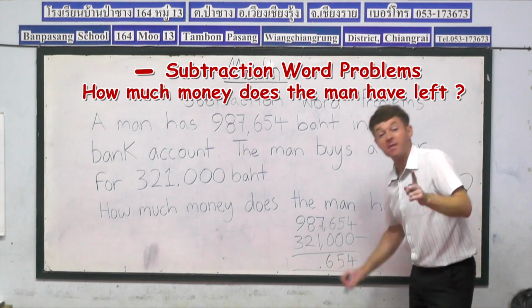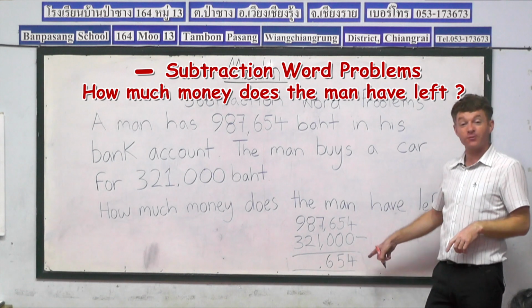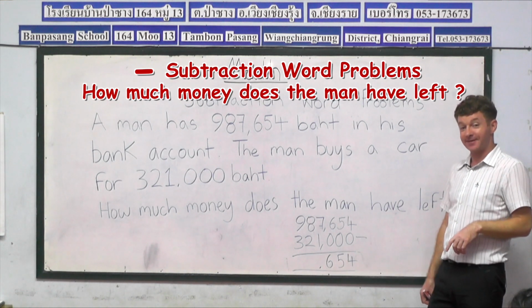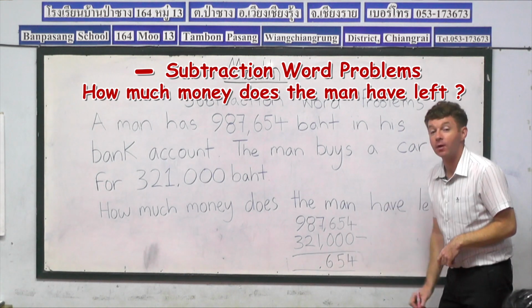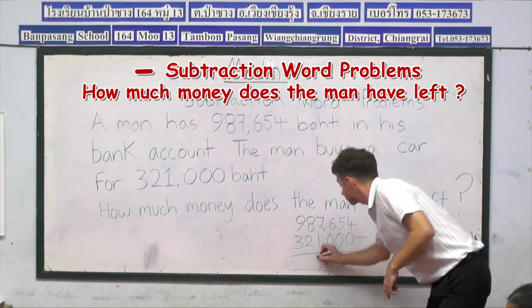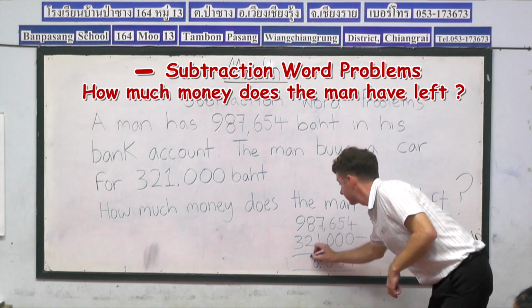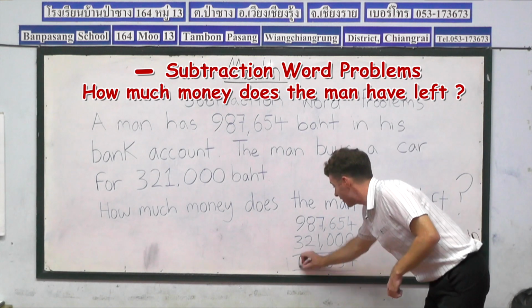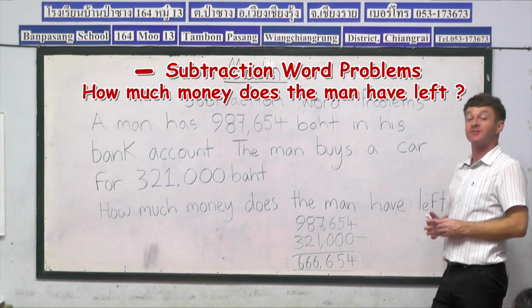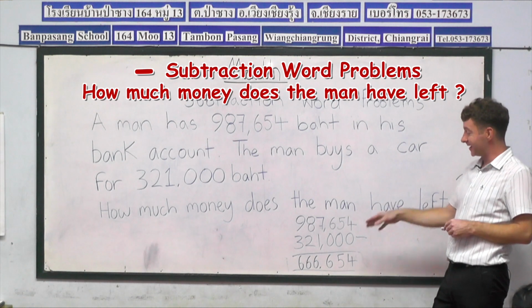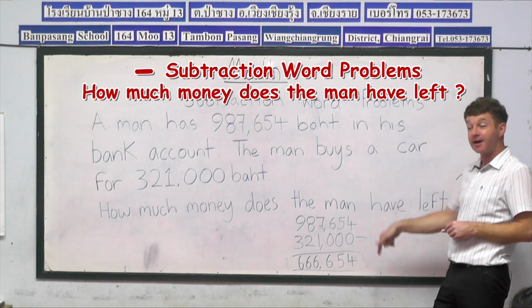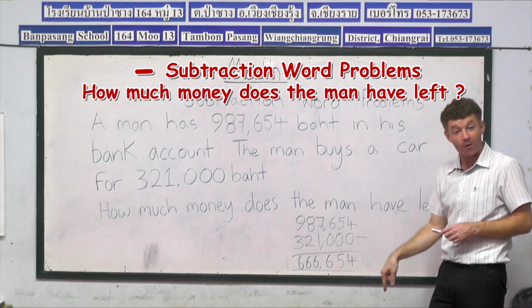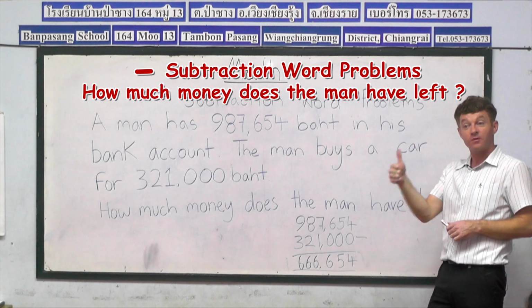And you see, by using all the zeros, you made it very easy for me. 7 minus 1 equals 6. 8 minus 2 equals 6. 9 minus 3 equals 6. So, what's our answer? 666,654. Excellent. We've got the answer.